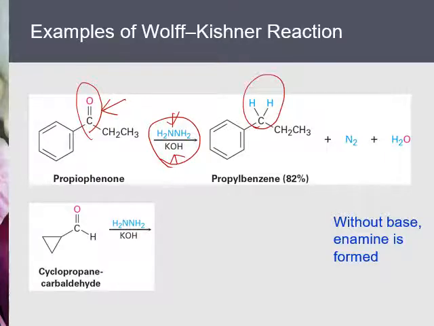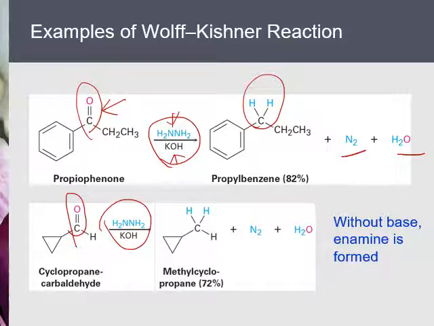Of course, this also generates nitrogen gas and water. In the second case, we have an aldehyde, also with a C=O double bond, which is treated with hydrazine and a strong base, and that will convert this C=O double bond into two C-H bonds. Again, it's an alkane with nitrogen gas and water.